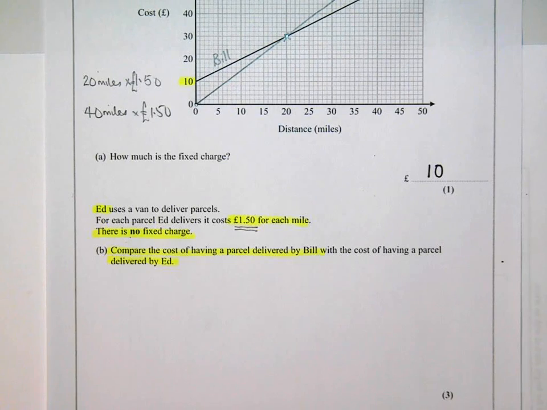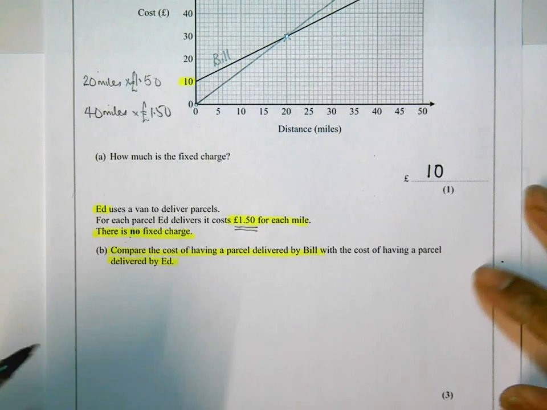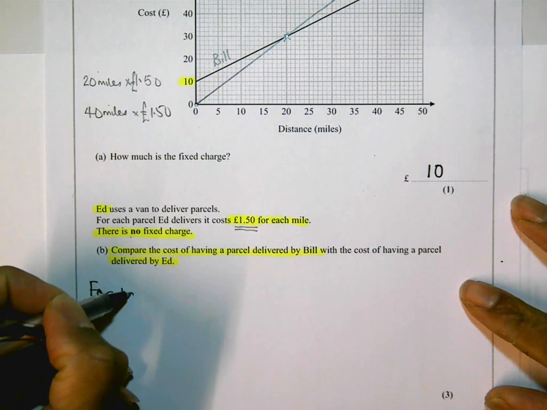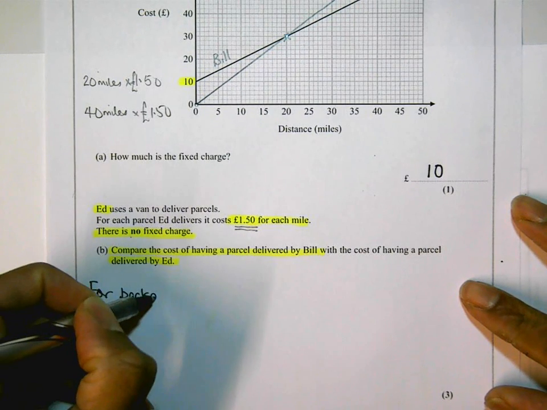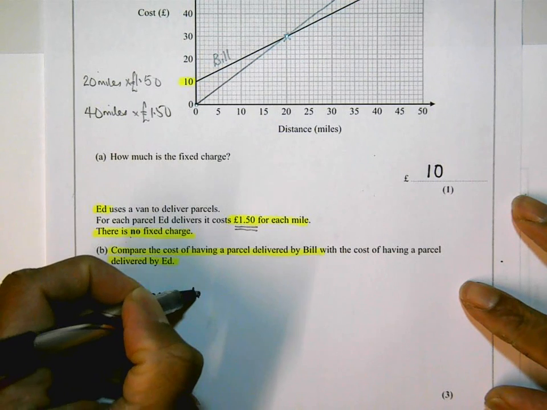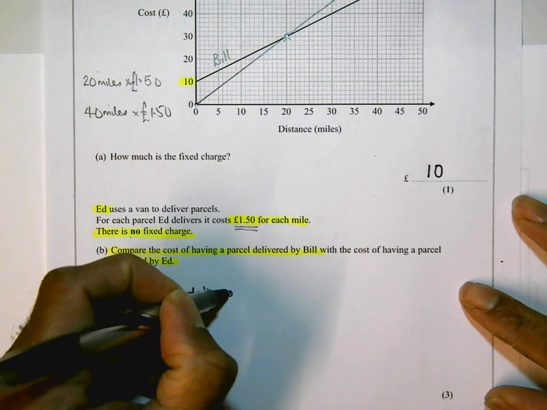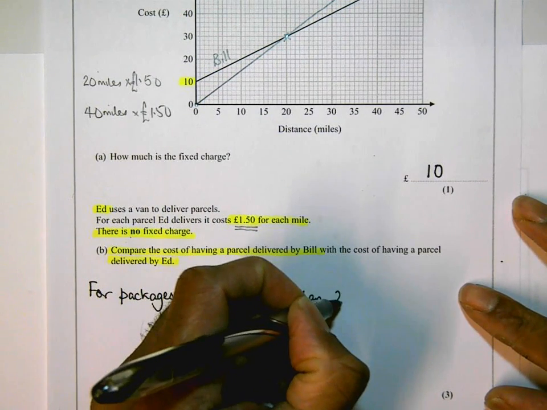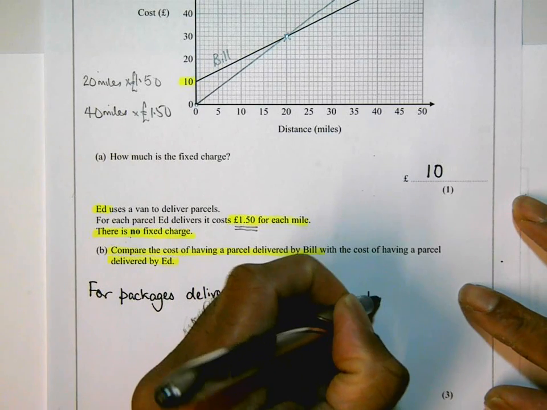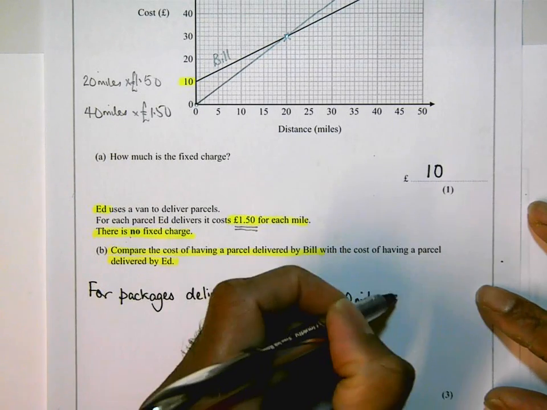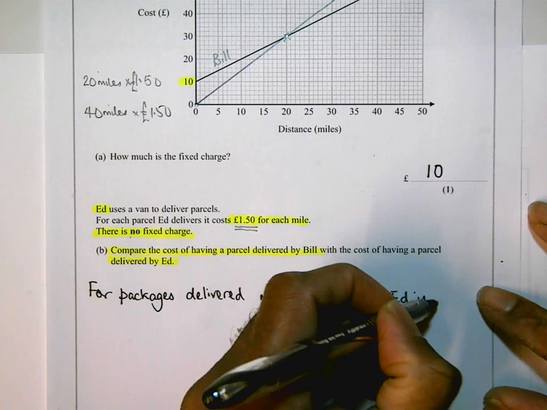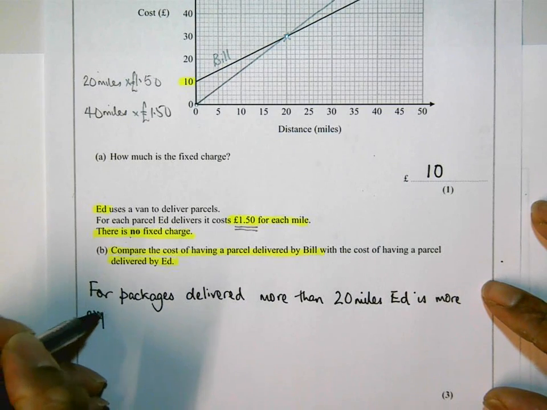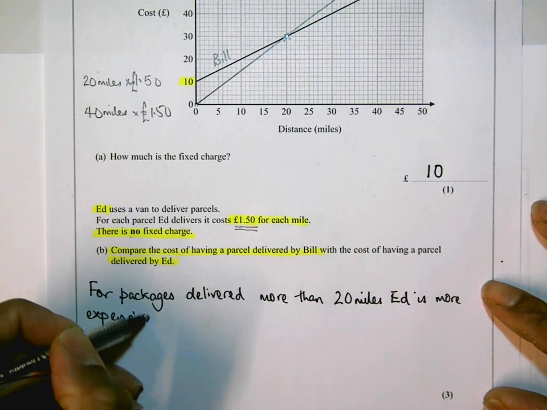So what I need to write is: for packages delivered more than 20 miles, Ed is more expensive than Bill.